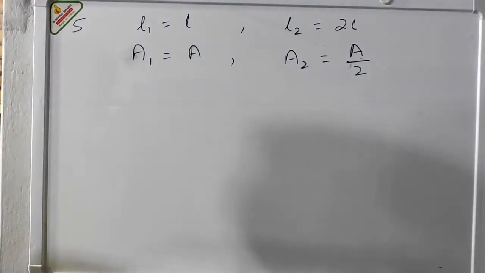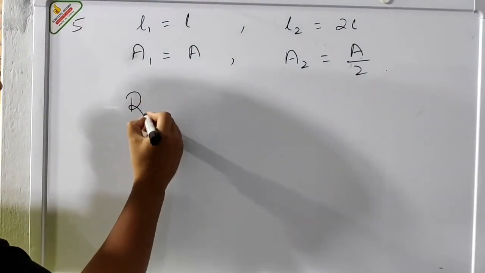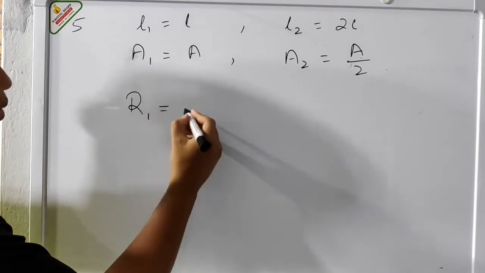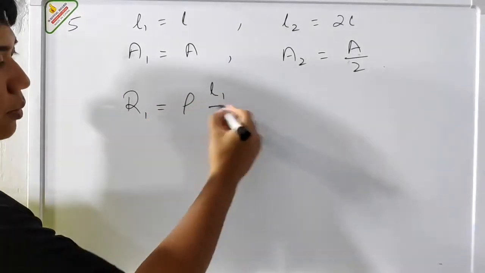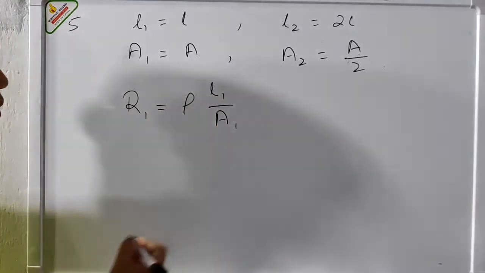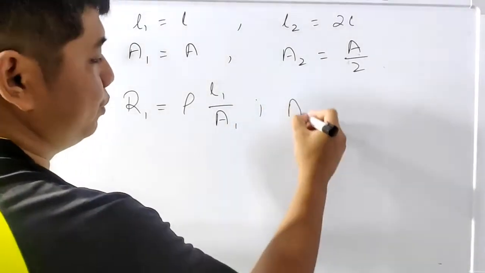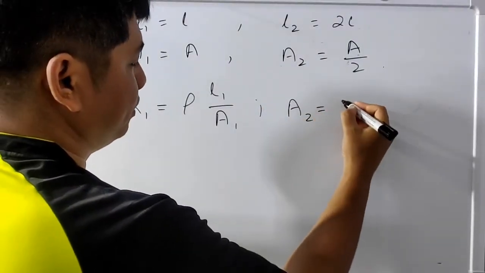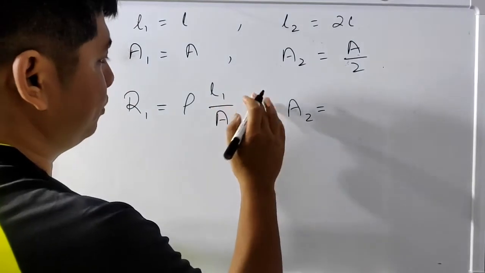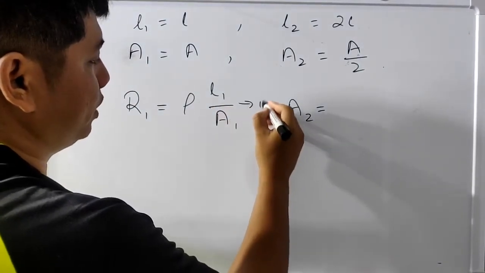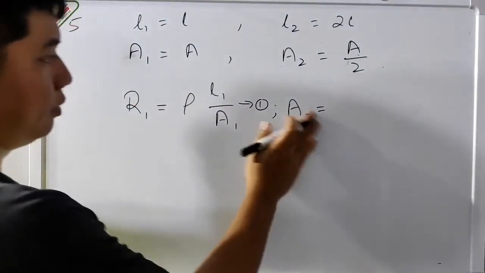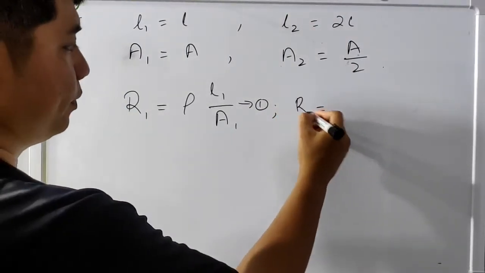Then let's calculate the resistance. Let R1 be the original resistance. It will be rho L1 by A1. Let it be equation 1. And R2, the new resistance.